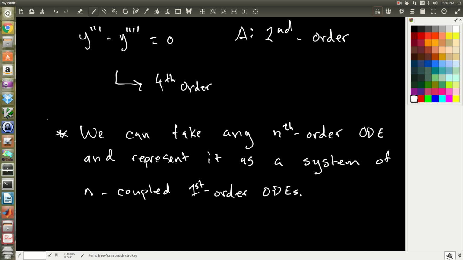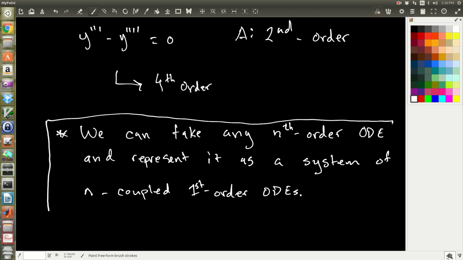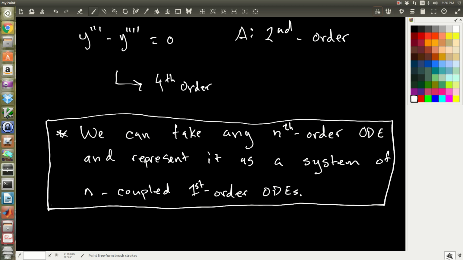Alright, so this is an important concept to know and be able to apply, because it allows us, if we run into higher order ODEs that we want to solve, to use the same methods that we use to solve first order ODEs, because we can simply take that higher order ODE and write it as a system of first order ODEs.